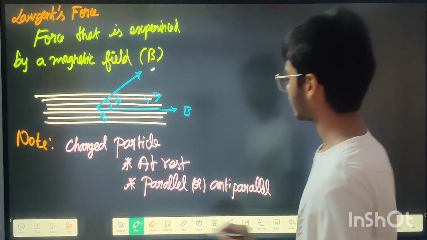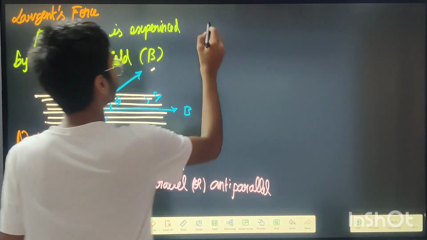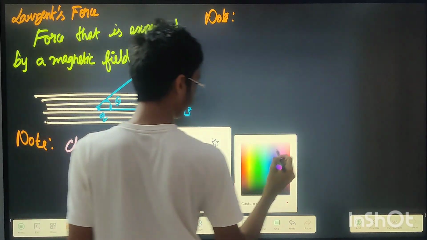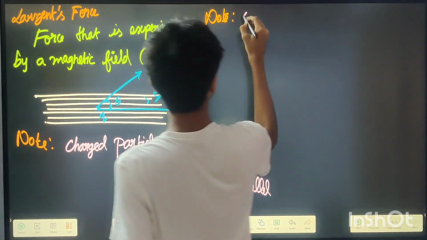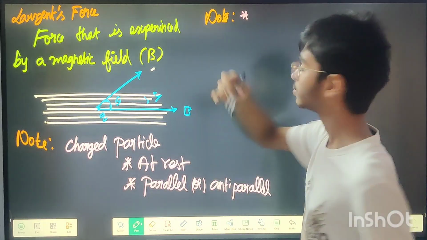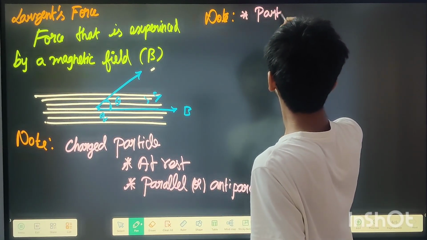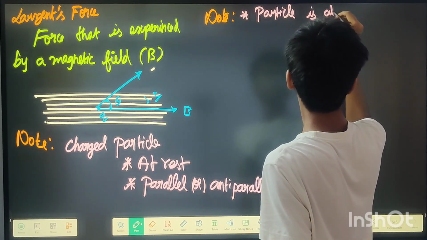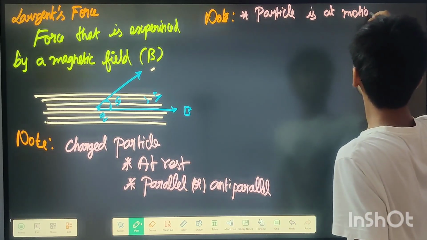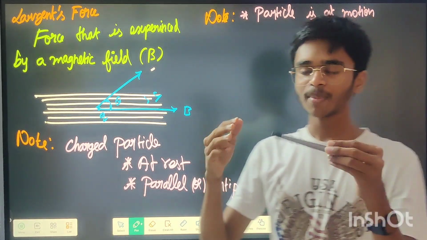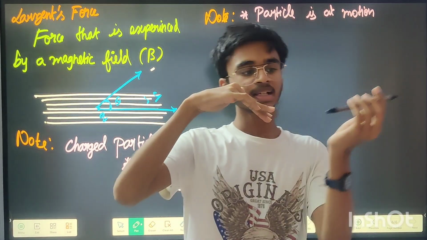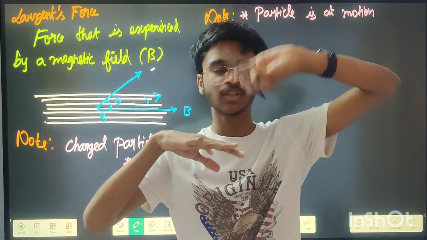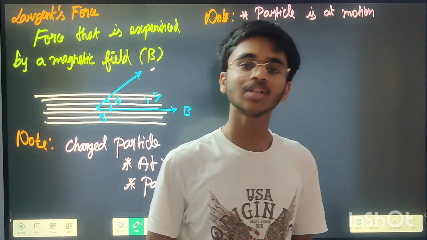Note this another point also. When the charged particle is in motion and the magnetic field is there, this force will cause the particle to move in a circular way only, because then only the work done will be zero.